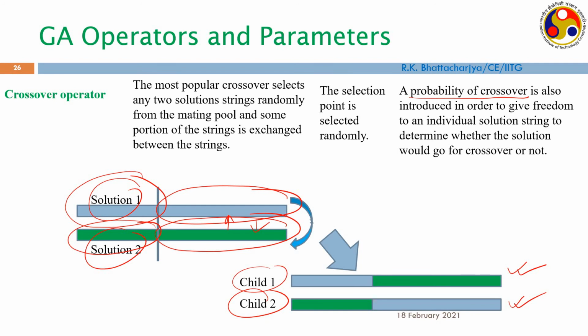Generally we keep a very high crossover probability, maybe 0.6 to 0.9 or 0.95. That means almost 60% to 80% of the solutions will go for crossover and create new solutions.